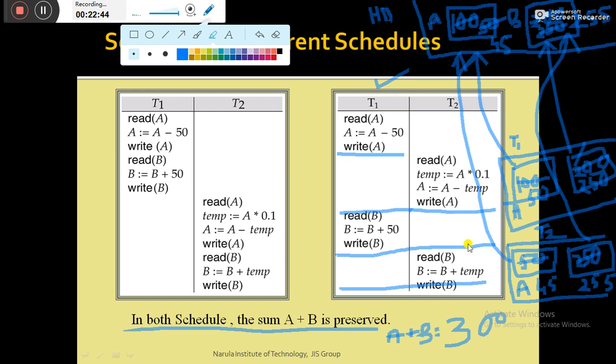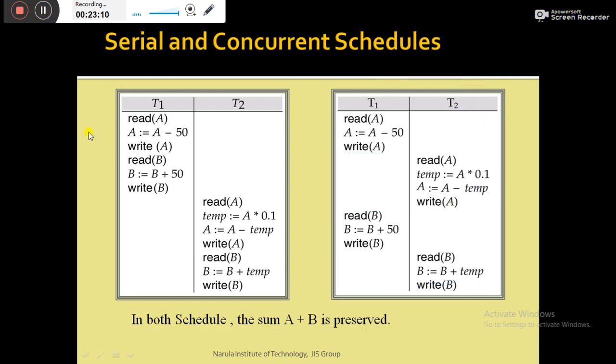Though in that example the database system is in a consistent state, in many cases it has been seen that due to concurrent execution of transactions, the database system becomes inconsistent. So in the next slide, we will see a concurrent schedule which will lead the database into an inconsistent state. Let's see.